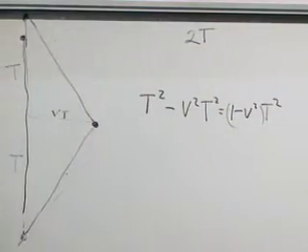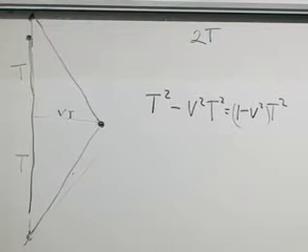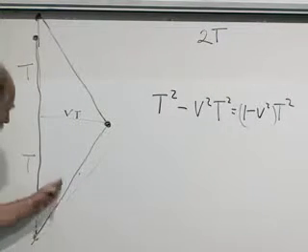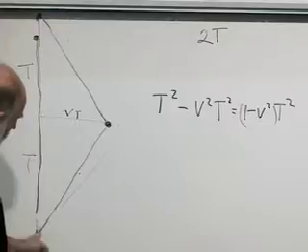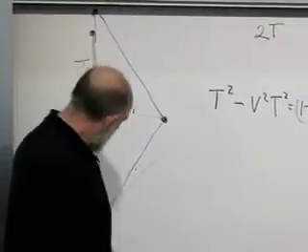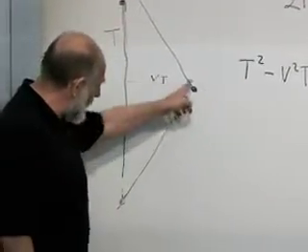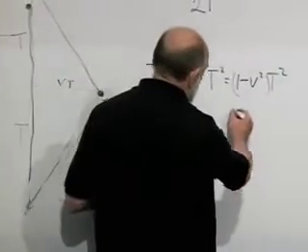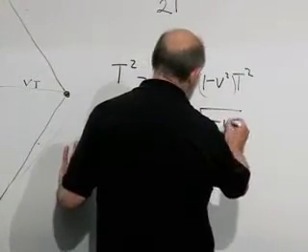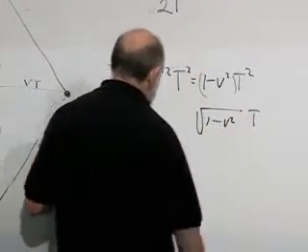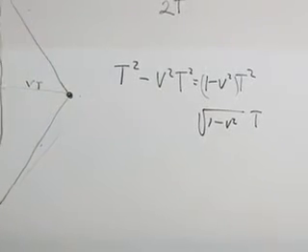That's the square of the proper time. We have to take the square root of it to find out how much the clock changed from here to here. And so the proper time along this trajectory here is the square root of 1 minus v squared times t.